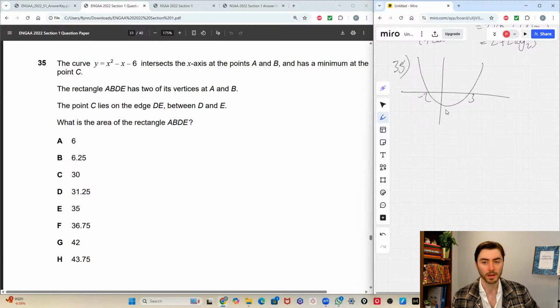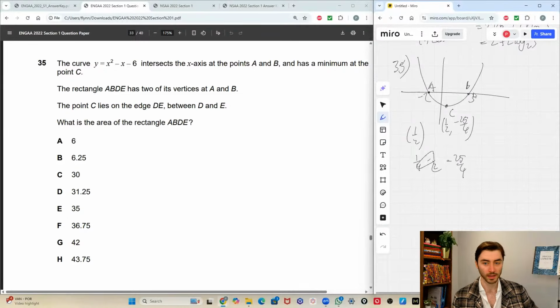Has a minimum at point C. So the minimum point there is going to be at a half, and then the y is going to be a quarter minus a half, which is minus a quarter, minus 25 over 4. And that's C. Okay. Rectangle ABDE has 2 of its vertices at AB.